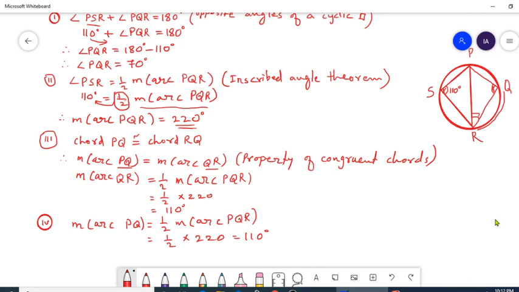But in question number 4 we need to find angle PRQ. So PRQ is actually half of arc PQ. Half of PQ is 110 degrees, which we already calculated. So when you divide 110 by 2, you will get 55 degrees. So angle PRQ is 55 degrees.